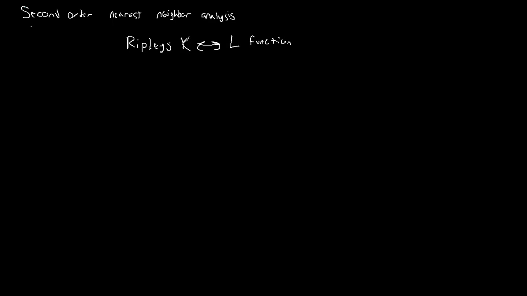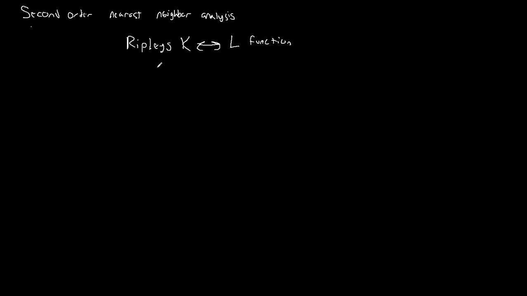So anyway, we can use this to determine spatial pattern in much the same way that we did the first order, but we're asking a slightly different question. In the first one, we were looking at how many points have their nearest neighbor within a certain distance.